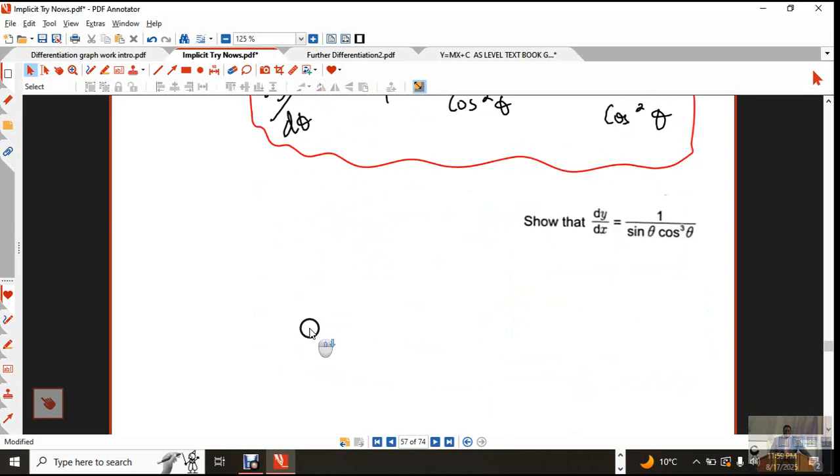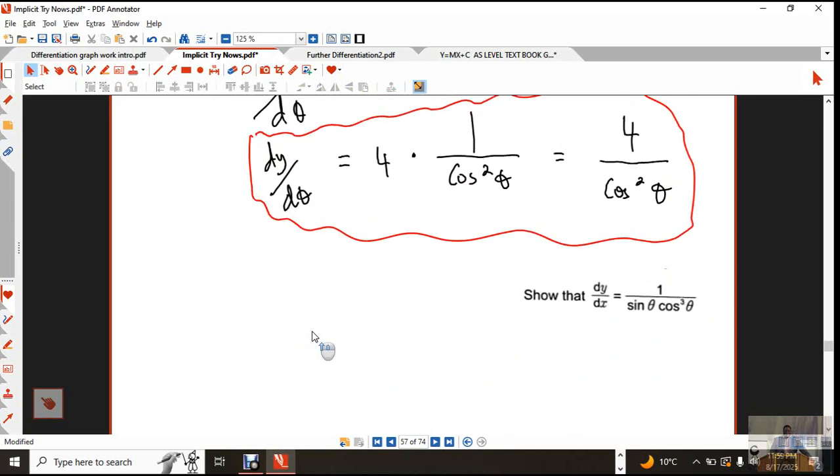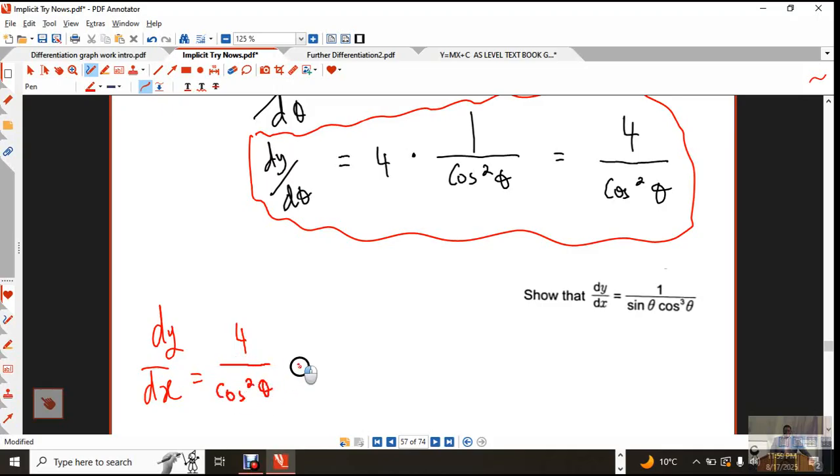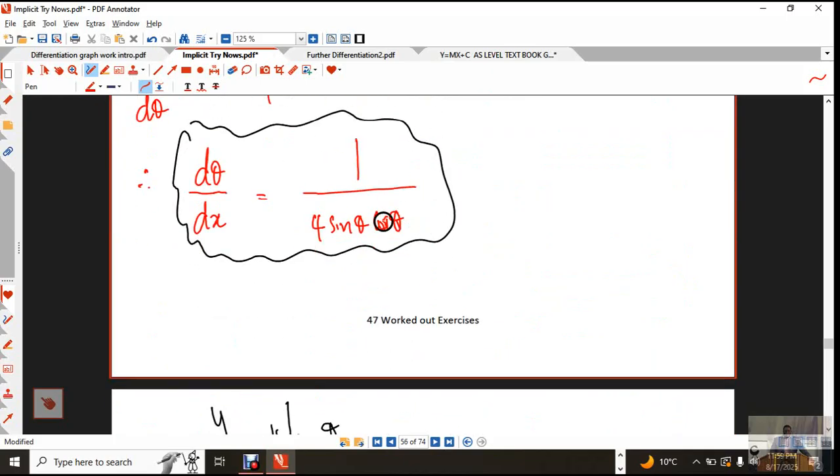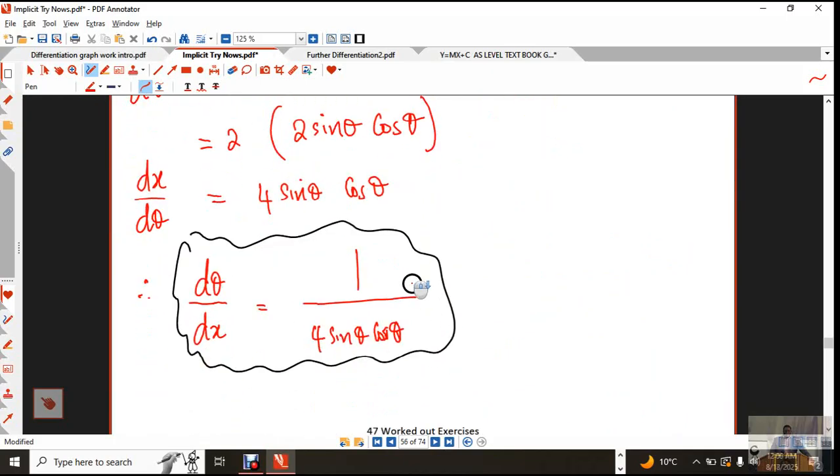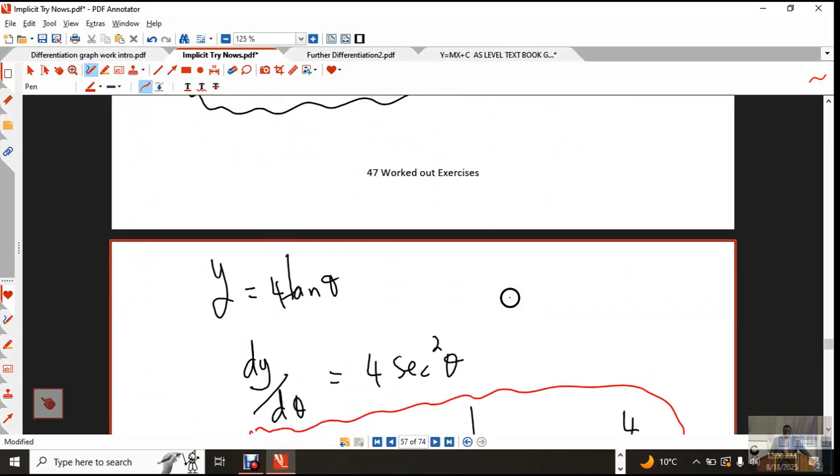So dy/dx, from what I have, because I'm not done showing that, is going to be dy/d theta, which is 4 all over cos squared theta. I'm going to multiply that with, what was the other one? The other one was 1 over 4 sine theta cos theta.